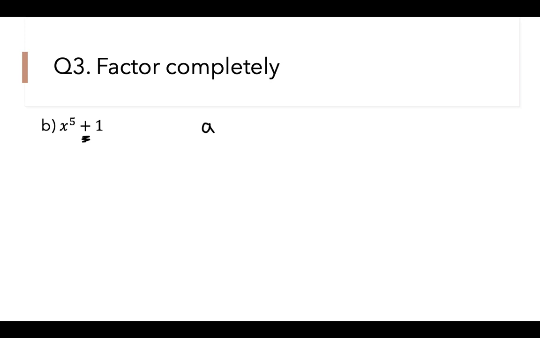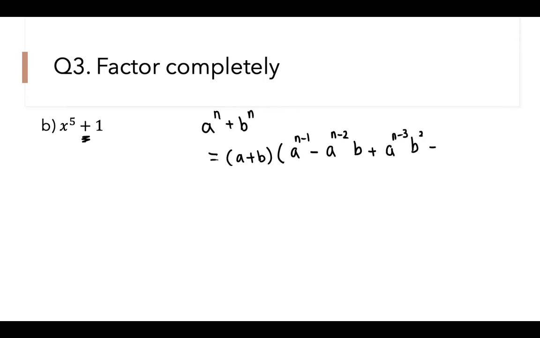For example, if a to the n plus b to the n, then if I want to factor, it's going to be a plus b, and then a to the n minus 1, minus a to the n minus 2 times b, plus this time a to the n minus 3 times b squared, and so on. Okay, so that's the pattern that you will follow.